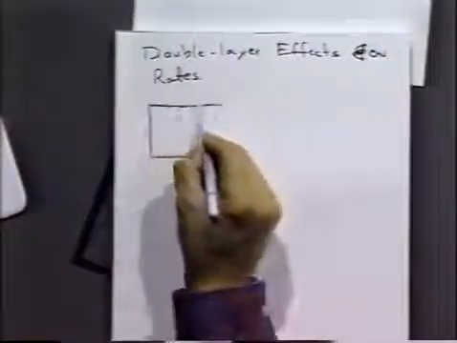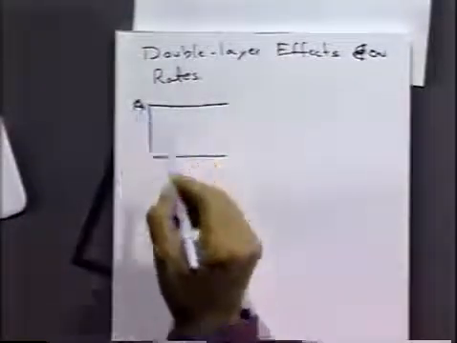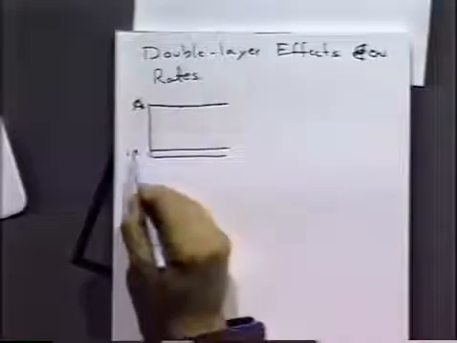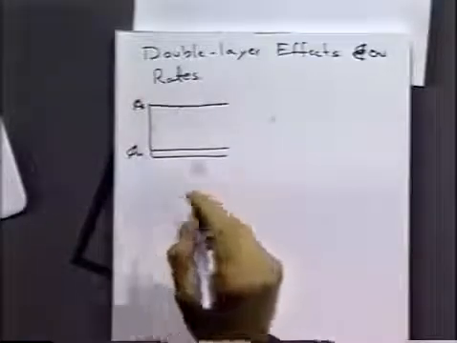near the electrode surface. And so under these conditions, you get a potential distribution that's characteristic of the potential of the solution, so-called phi s, and the potential of the metal, so-called phi m.